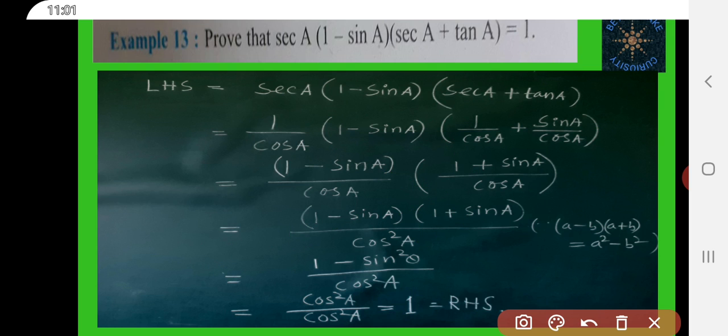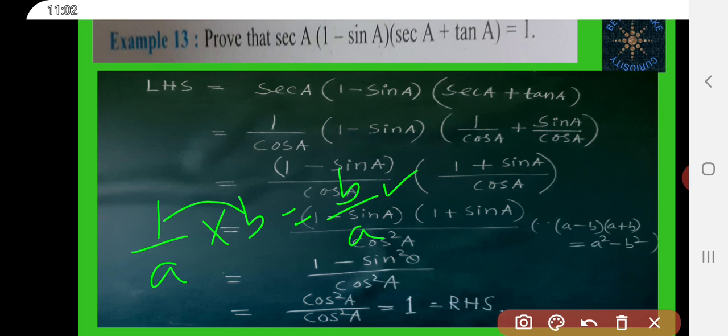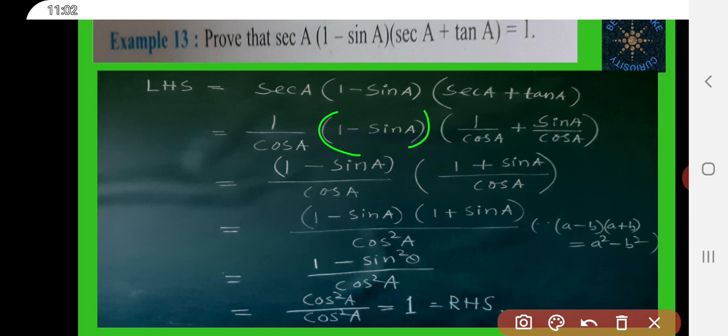Now you know a by 1 by a into b equal to b by a. You multiply with 1, then you can write b by a. So here this is b, this is a. So you can multiply, then you get 1 minus sin a by cos a.